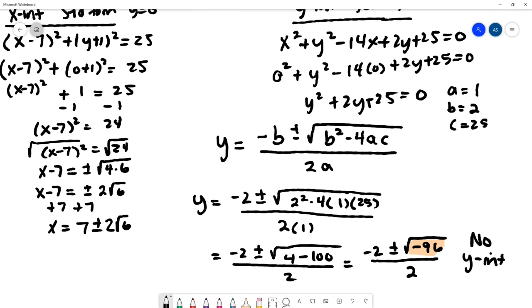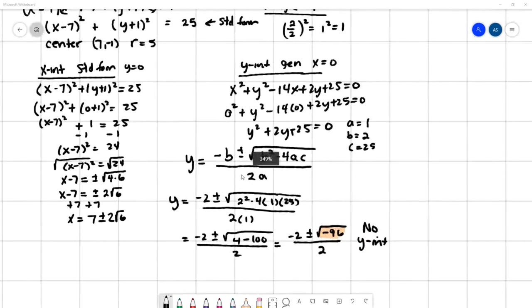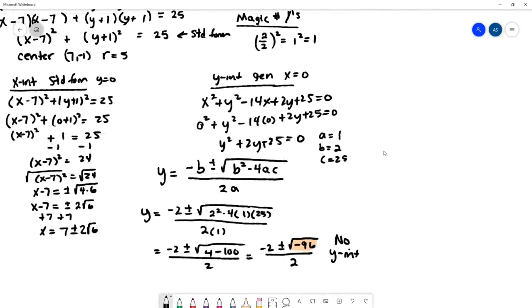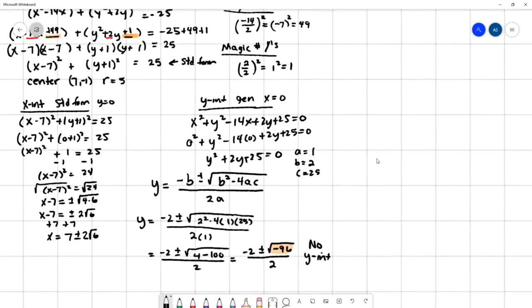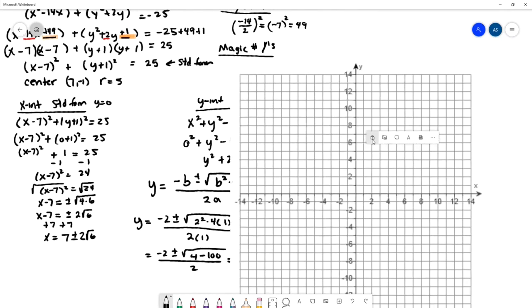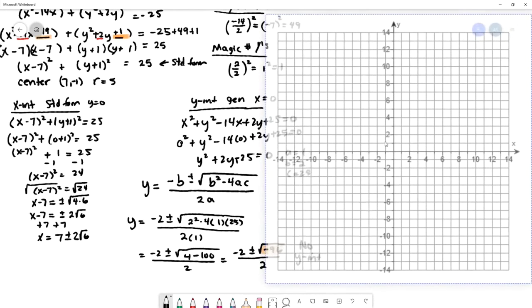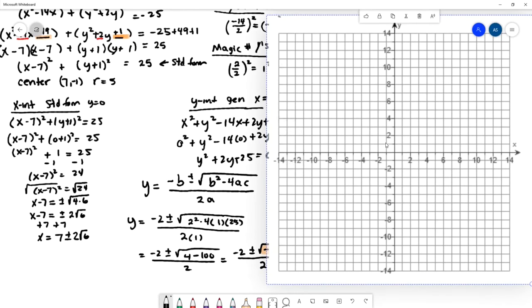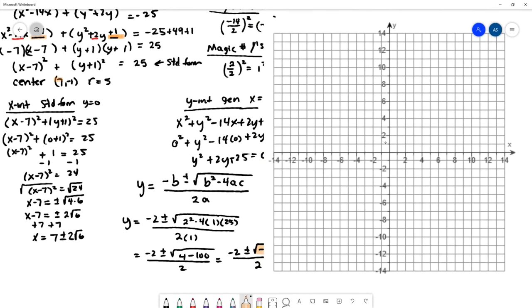One final thing is that we want to graph this circle. This will also help verify what we found about the intercepts. So let me zoom out and get a grid on here. Earlier we found that we have a center of 7, negative 1.